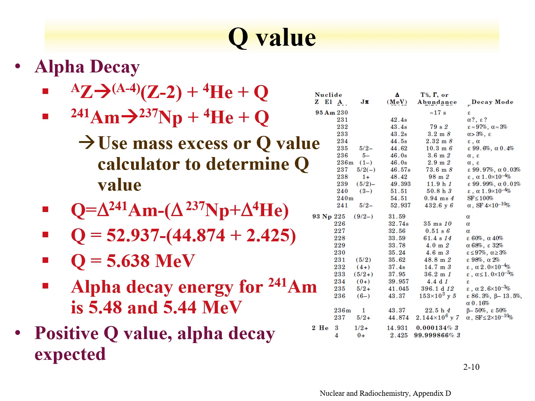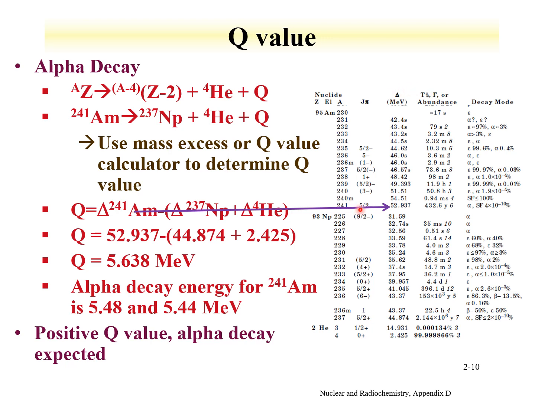We can also do this with something called the Q value calculator, and I'll show you how to use that later in this lecture. But let's consider the terms that we have here. I need to get the mass excess of americium, neptunium, and the helium nucleus. The mass excess of americium, here's the isotopes of americium. 241, the mass excess is listed here.